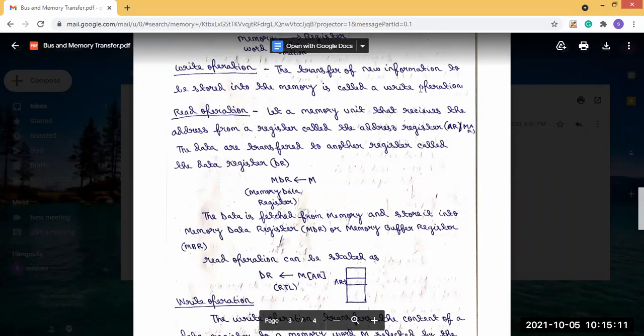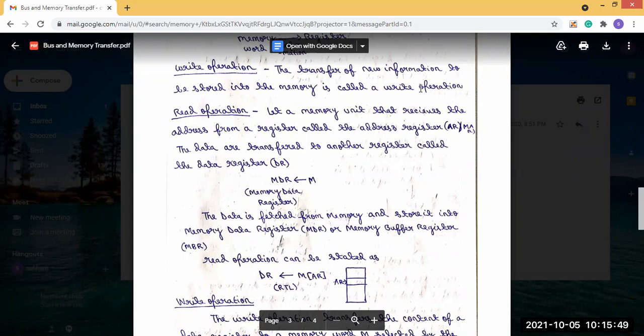But among the special purpose registers, some registers can store the data and some registers can store the address, like this. The general purpose register can store both data and address simultaneously.